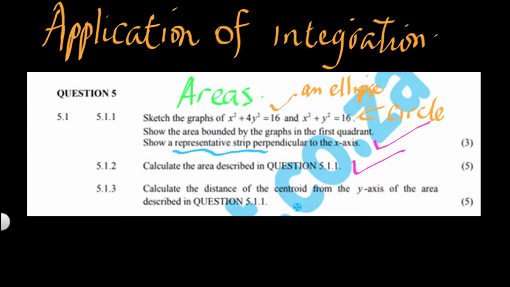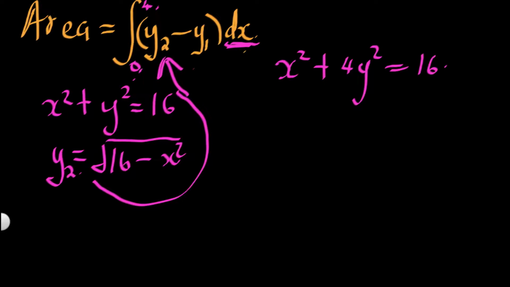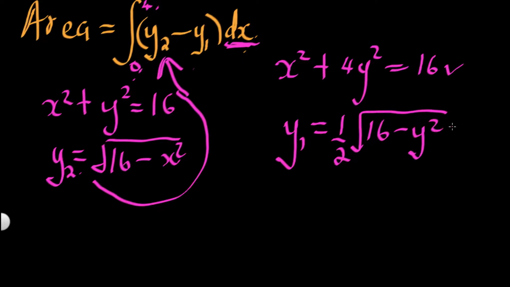Now I have to make y subject of the formula from this so that I can have y1. Let me close here and come back here. Now I want to make y subject of the formula from here. If I do that, I will have y equal to, which will be y1 by the way, half the root of 16 minus x squared.